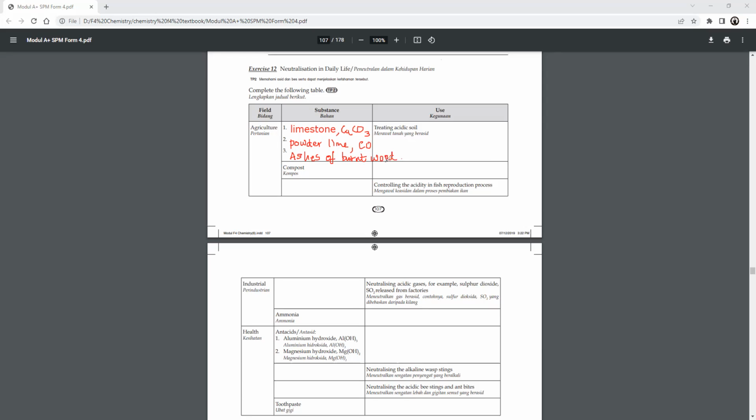This one also can treat the acidic soil because it is alkali. That's why normally in June or July, I forgot what month, for a few months in Kalimantan there is a haze problem, because the local people start to burn.